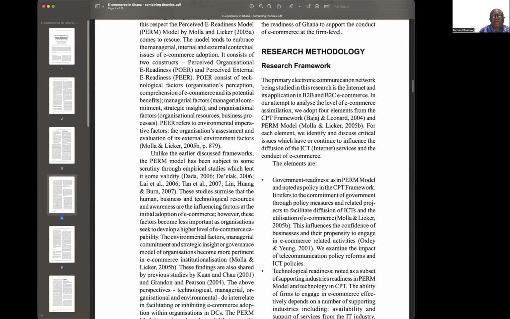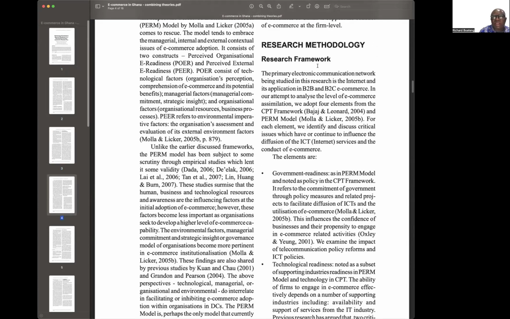For example, for the research framework I developed, those four variables came from, first of all, the CPT framework, done by Bajaj and Leonard, the culture, policy, and technology framework. Here I picked up maybe the policy part, and part of the culture was discussed too in my work.